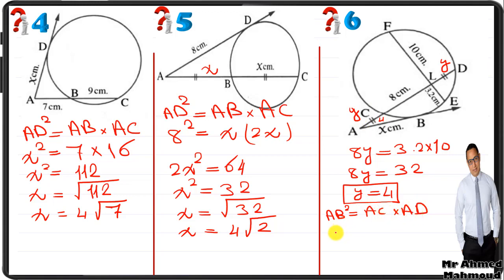So x to the power of 2 equals AC, which is 4, times AD. Count with me, calculate AD: 4 plus 8 plus 4 equals 16. So this is 16. x to the power of 2 equals 4 times 16, 64. By taking the square root, x equals 8.